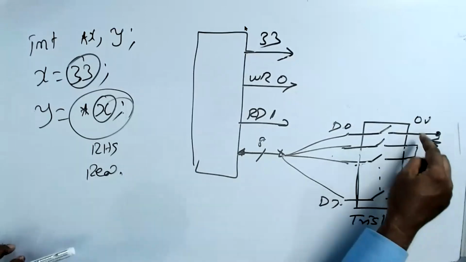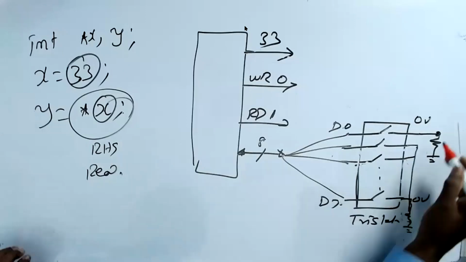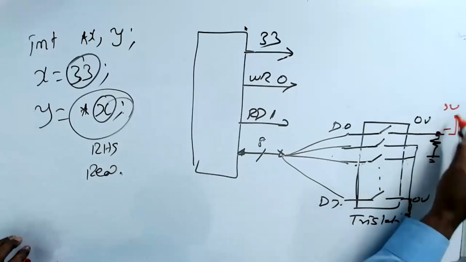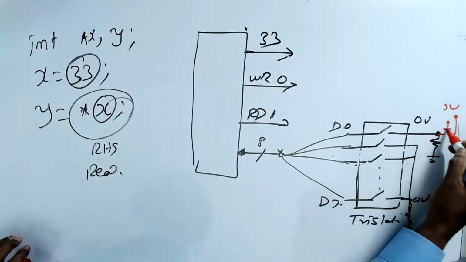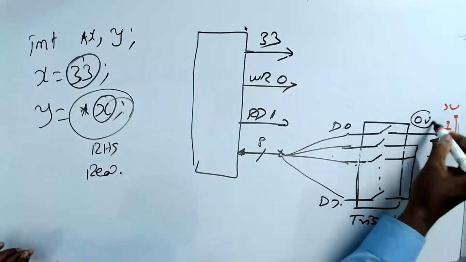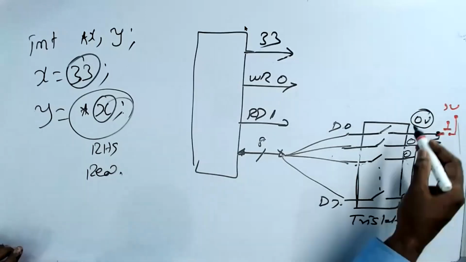The trick here is I connect a switch here and connect it to 5 volt. When the switch is not pressed, you get 0 volt here, and all of these will be 0 volt.